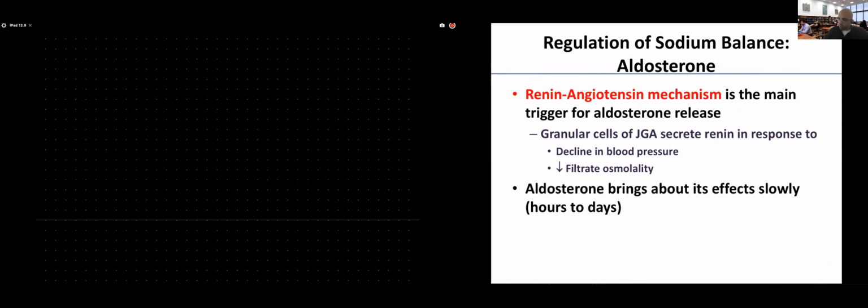So again, a repetition of what we've previously discussed. The renin-angiotensin mechanism is the main trigger for the aldosterone release. Remember, if I have low blood pressure, the granular cells of the juxtaglomerular apparatus are going to be activated and they will start to release renin.